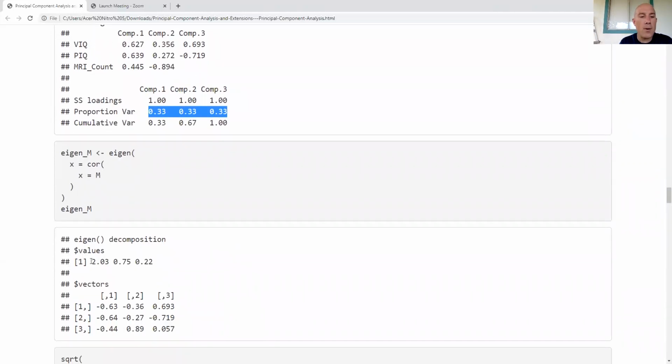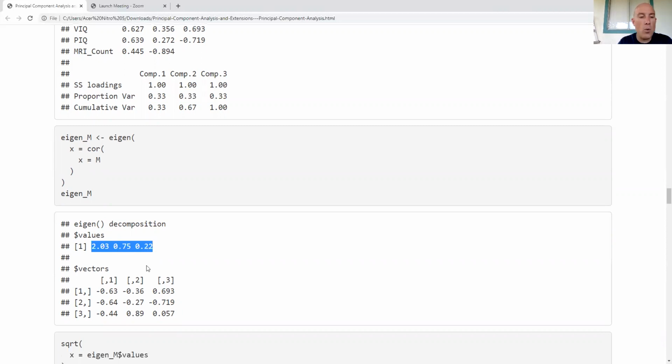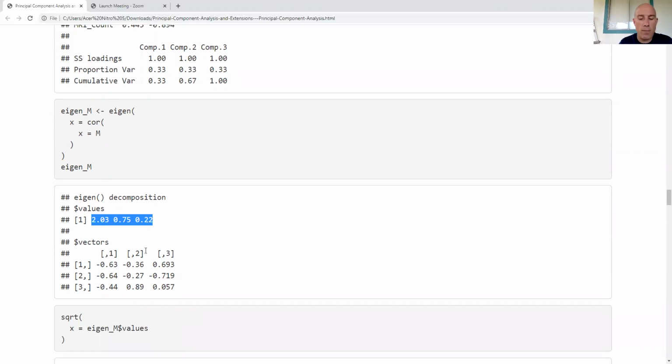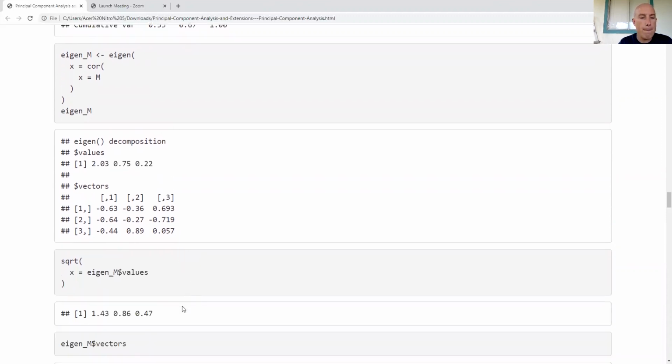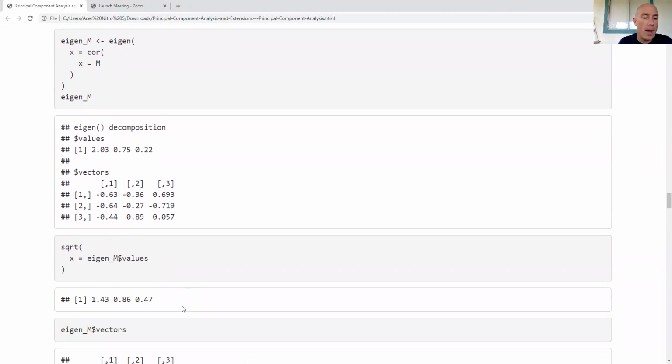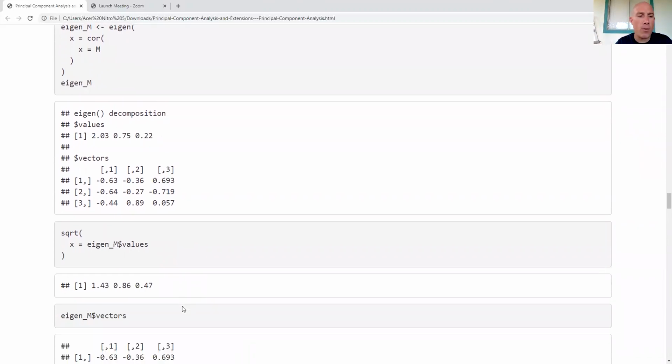Now, if I do the eigenvalue decomposition, I see that I have 2.03, 0.25, and 0.22, and then I get these vectors. And you'll notice the vectors are very close to the vectors here. That's not a coincidence. The loadings and the eigenvalue vectors are very similar because they are the same, at least mathematically. Numerically, there'll be some differences.